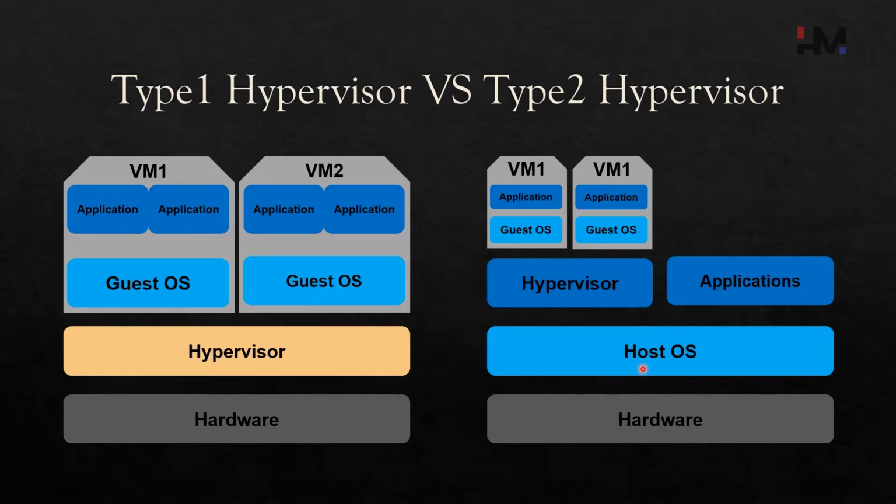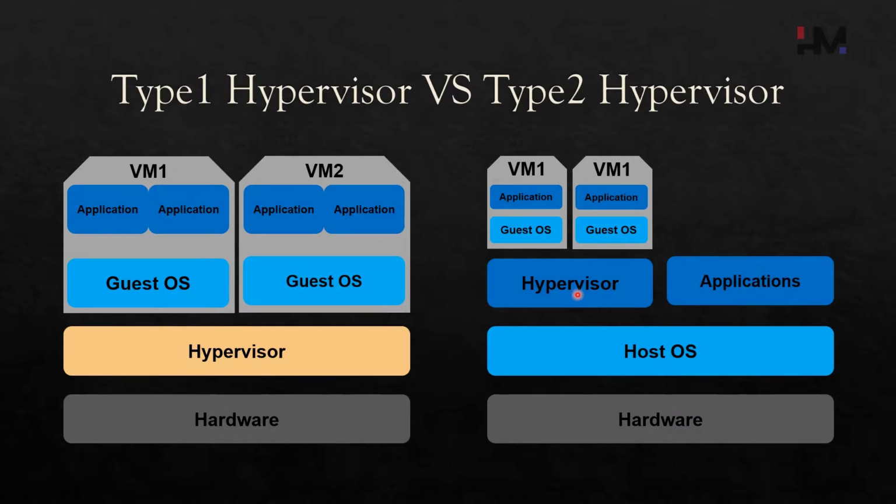And when it comes to type 2 hypervisor, the hardware is there and on that we have an operating system. We can install any Windows or Linux operating systems here, and on that we have applications and hypervisors both. And on the hypervisor we have virtual machines installed. So when you see this, the color combination in type 1 and type 2, hardware has the same color, operating system has the same color everywhere including the guest OS, and application is also the same blue color.